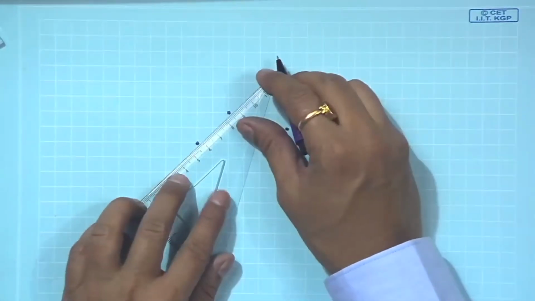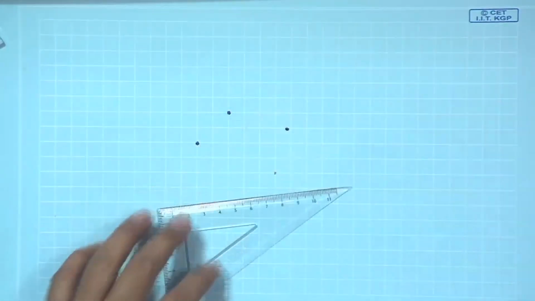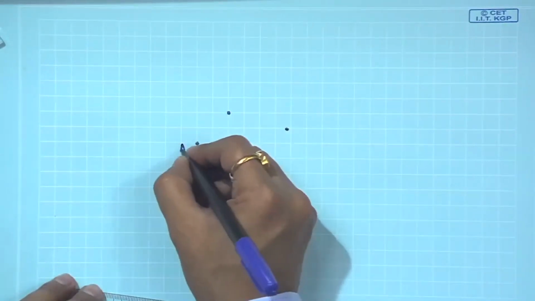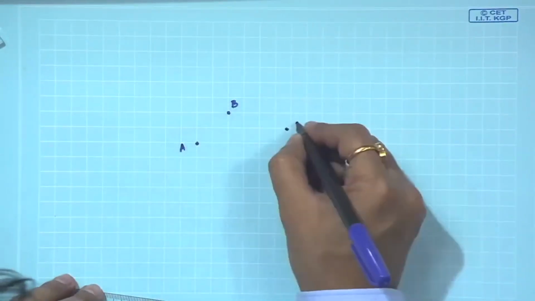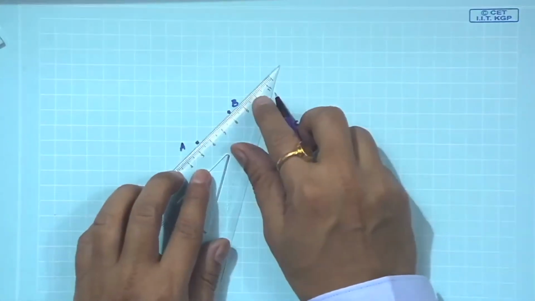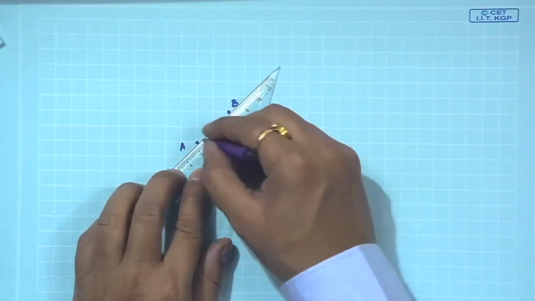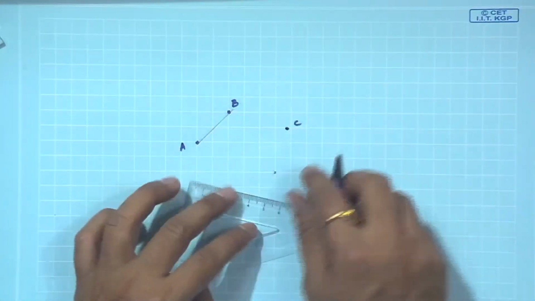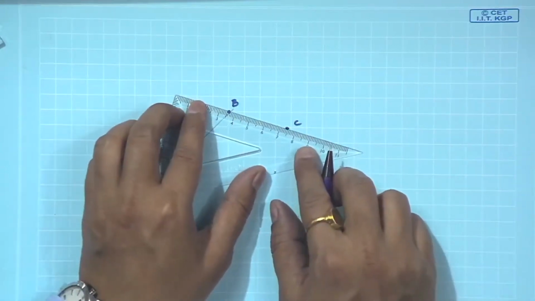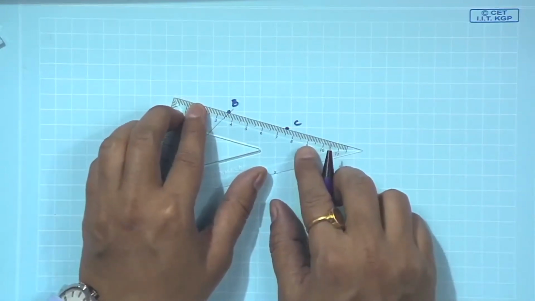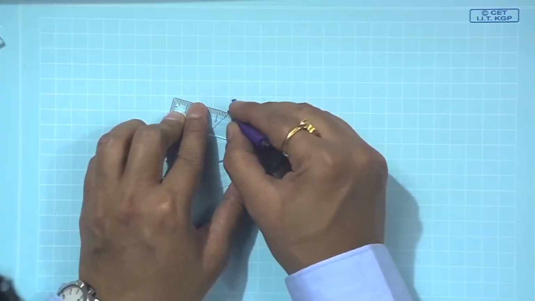Let us join these points and name them A, B and C. Join AB, join BC.